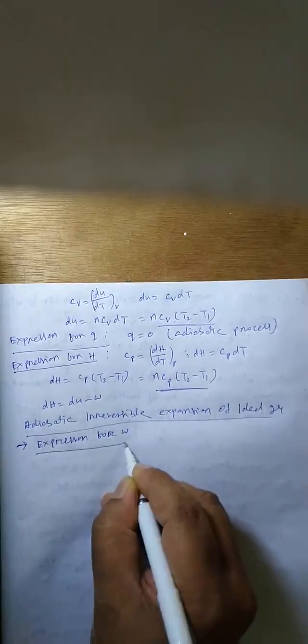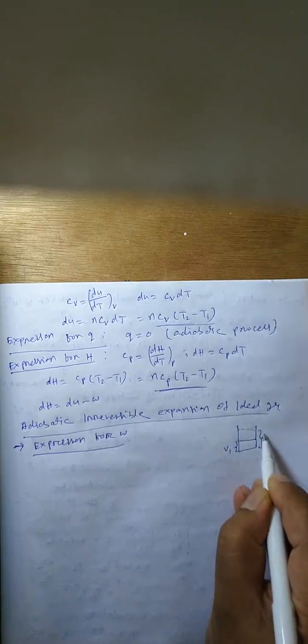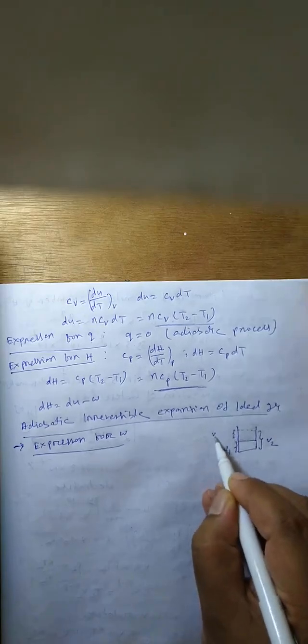Expression for W. It is adiabatic, so heat exchange is 0, and irreversible, because whatever you do in nature is an irreversible process. Expansion is from a lower volume to a higher volume. Suppose this is my initial volume V1, and it expands to V2, then the change is V2 minus V1.